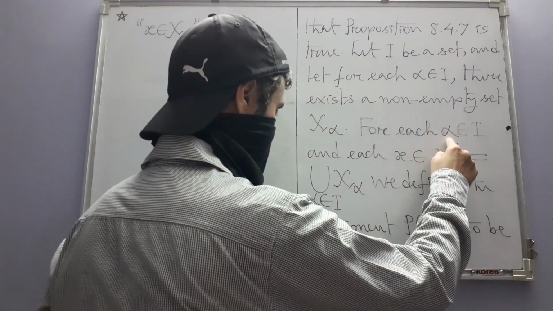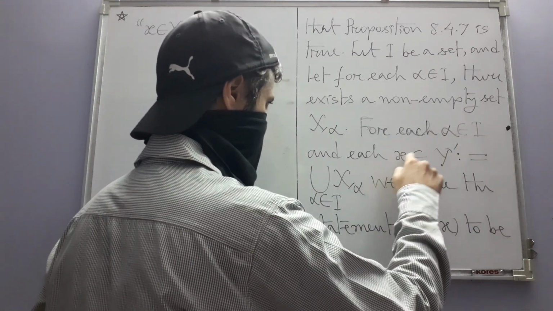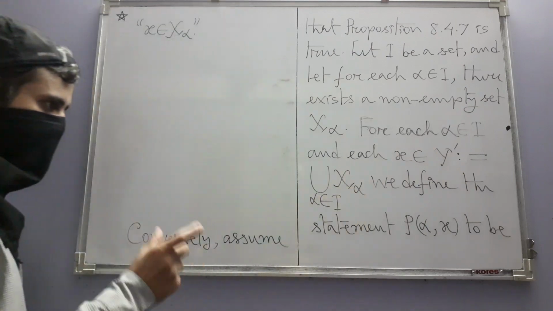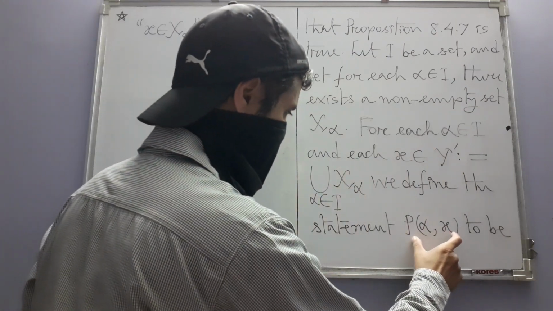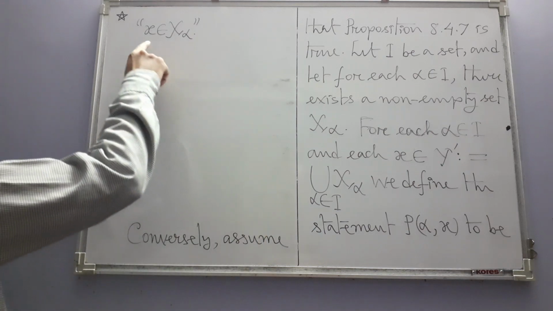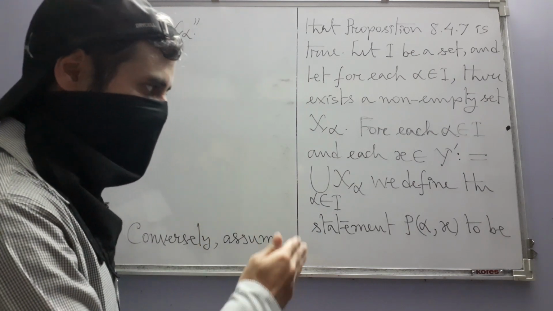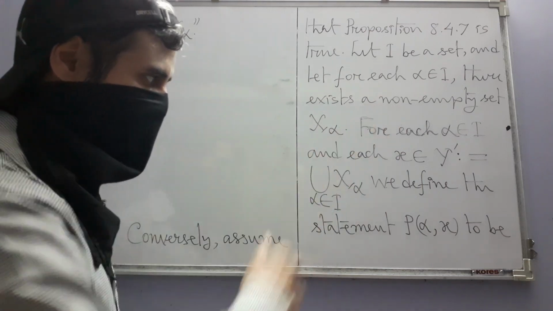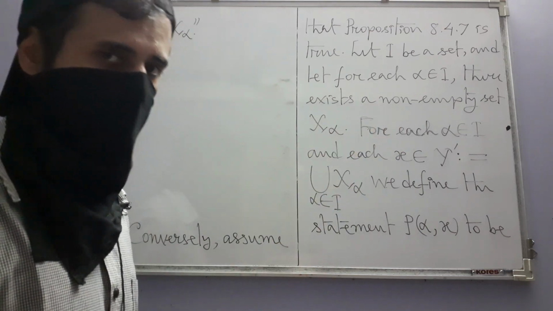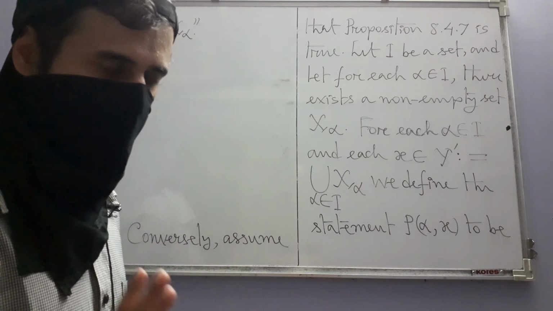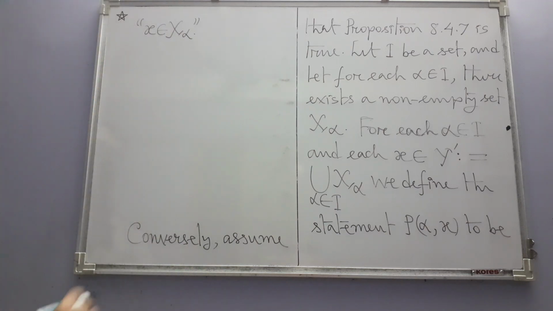For each element alpha from I and each element X from Y prime, we have created a statement P of alpha comma X, and the statement is this: X belongs to X alpha. For a given alpha and given X coming from these sets, it may be true, it may be false, but it's after all a statement, a legitimate statement.